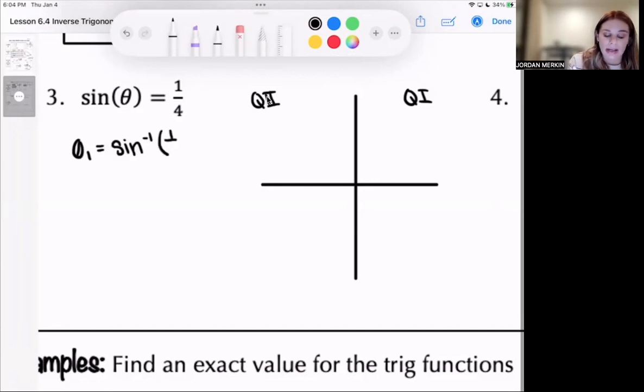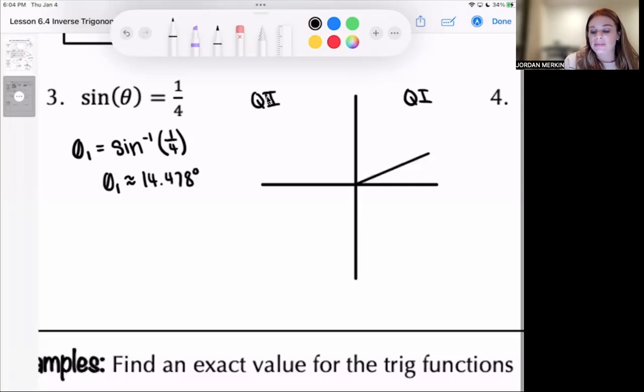Sine inverse or arc sine of 1/4. If you punch that into a calculator, your first answer is 14.478 degrees. So remember, these angles are supplementary to each other. This was your theta 1.